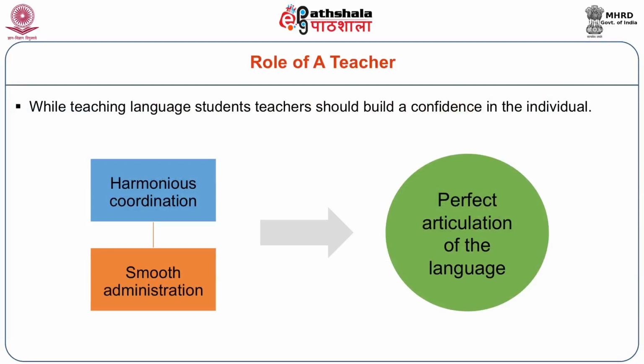Any student can be successful if he knows harmonious coordination and smooth administration, which is possible only through perfect articulation of the language. Now, what do we need for learning this language?